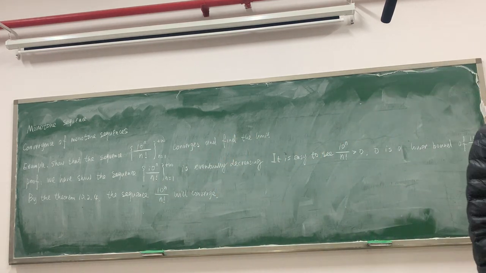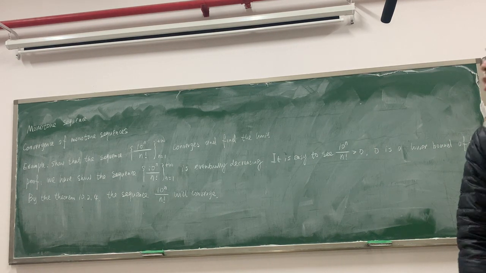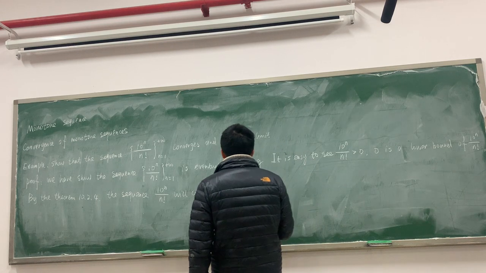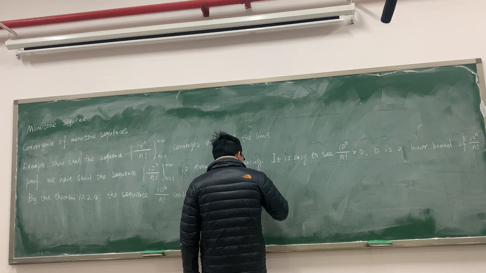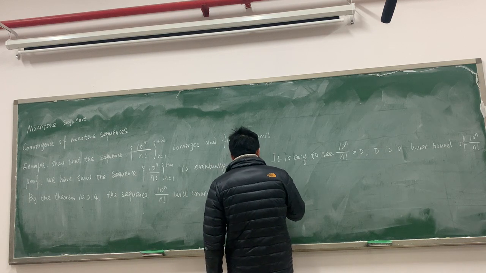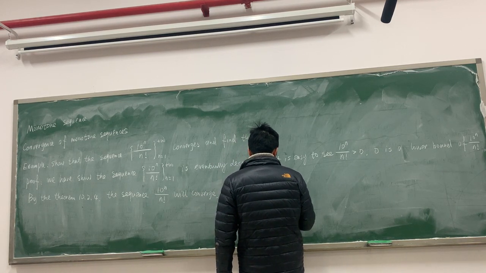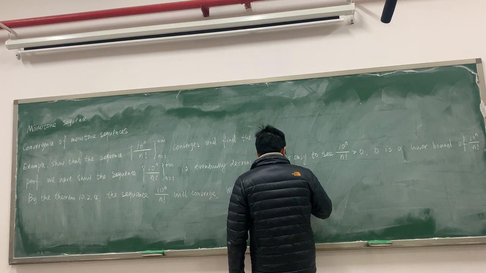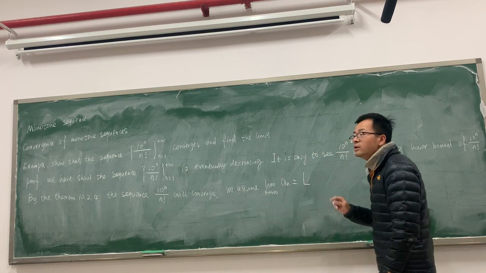Now we know it converges, so we need to find the limit. We assume the limit is L, so as n approaches plus infinity, a_n approaches L. This L we need to find.